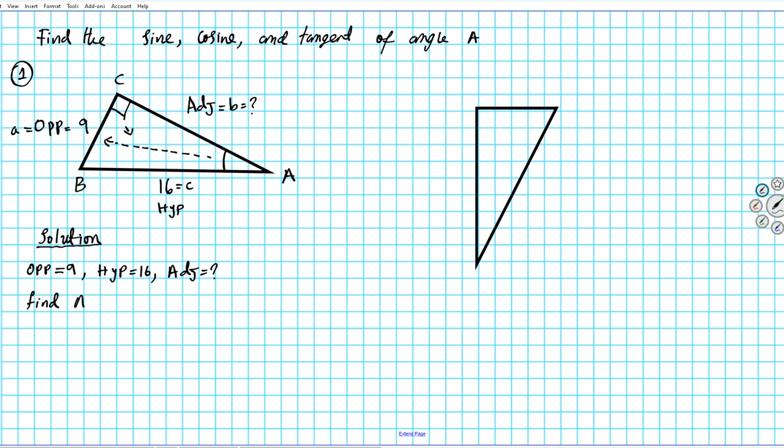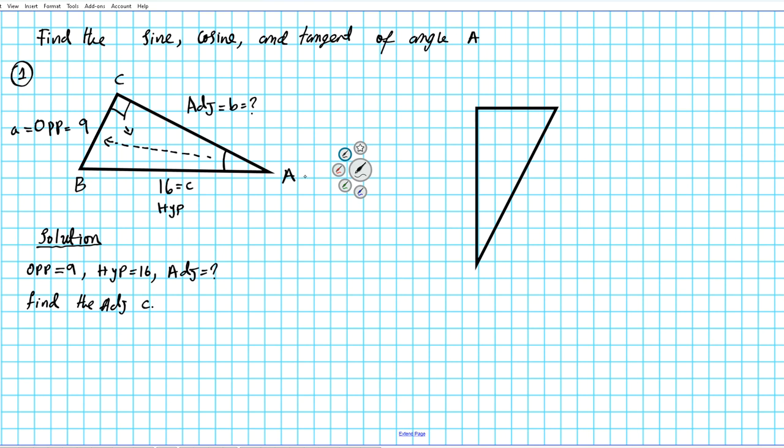We want to find the adjacent, which is b.